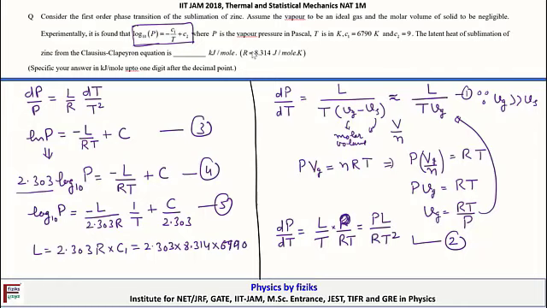After the multiplication, the value we obtain is 130.0 kilojoule per mole. So that is our answer. So that completes the question.